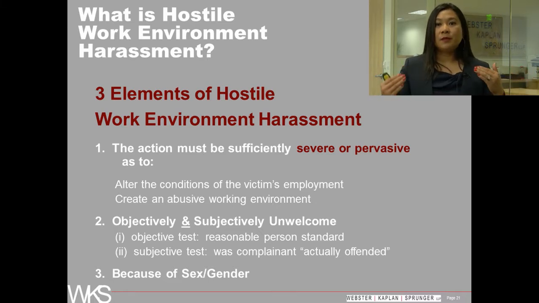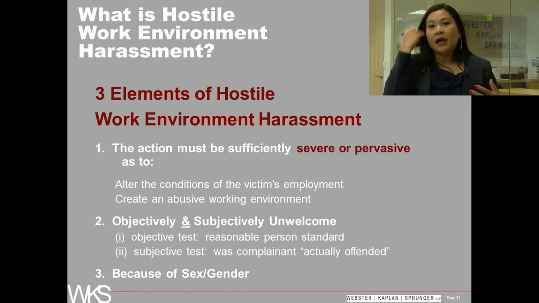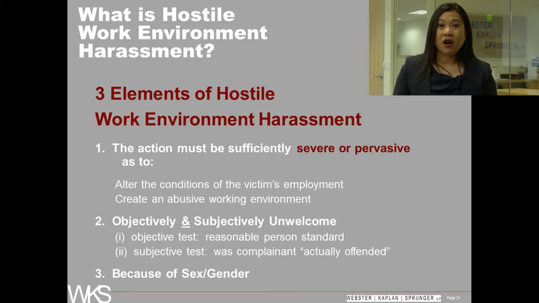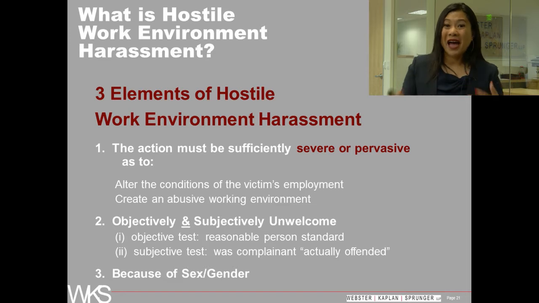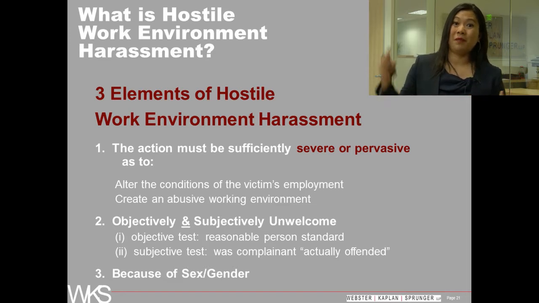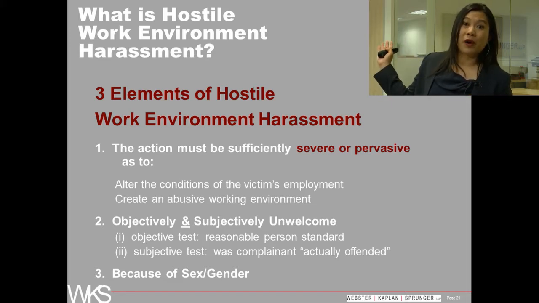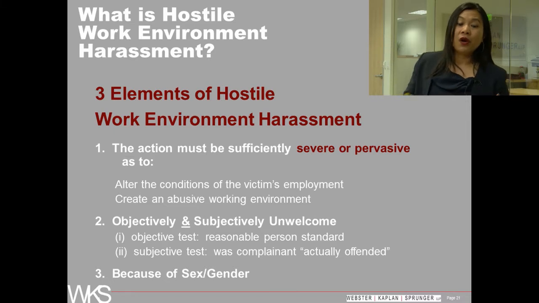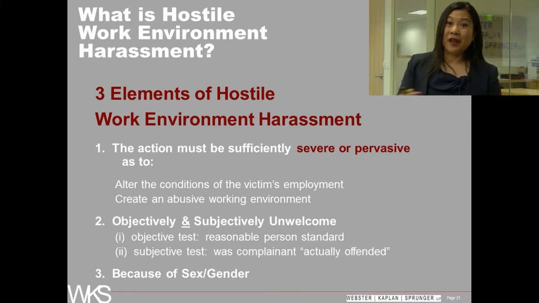Think of not just the massage situation, but think of a situation that involves individuals who are viewing pornography on the company website and another coworker having to view that over and over again because they're sitting in the cubicle right behind that individual. So that could be severe and pervasive, right?